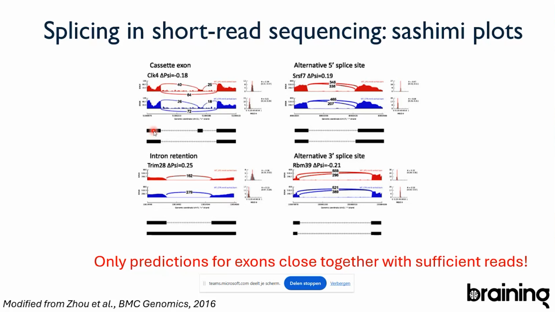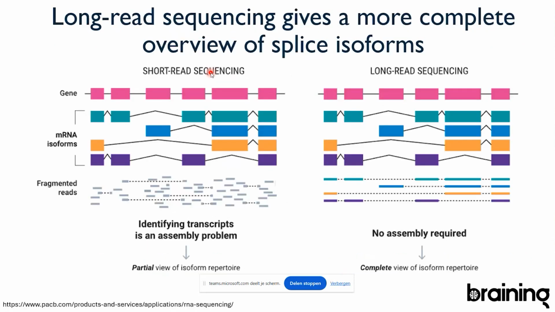I have no clue whether exon 1 is in the same molecule as exon 14, or whether exon 2 is in the same molecule as exon 6, right? I can make a statistical inference of that by looking at the different exon junctions and the different data, but in principle, I do not know. And that is a very big shortcoming for short read sequencing when you want to look at splicing, right? So here, with short read sequencing we would have some kind of guess of what is happening with the mRNA isoforms.